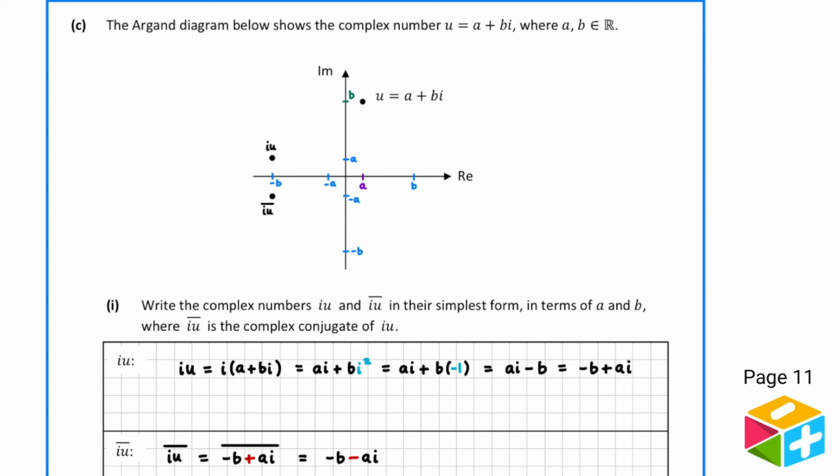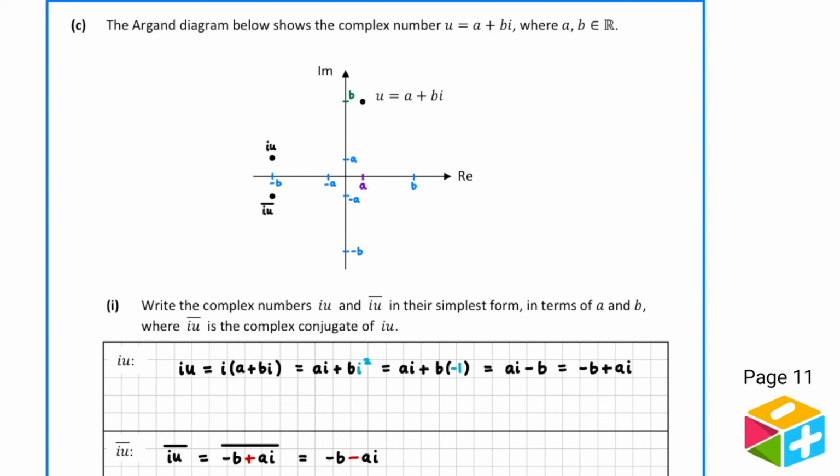From here, we can simplify using the fact that I squared is equal to minus 1. B times minus 1 is minus B, so we end up with AI minus B. It's conventional to write complex numbers with the real component first and the imaginary component second, so let's write this as minus B plus AI.